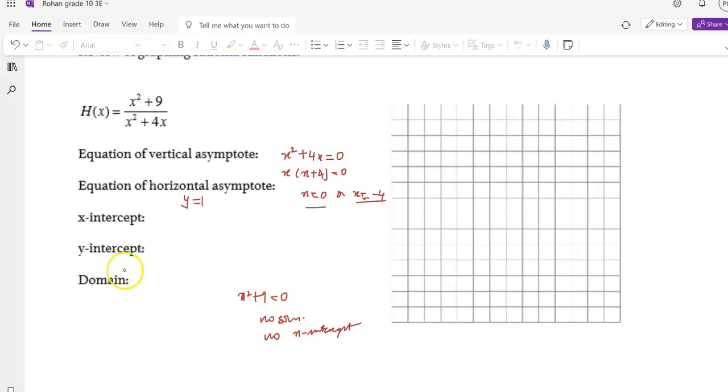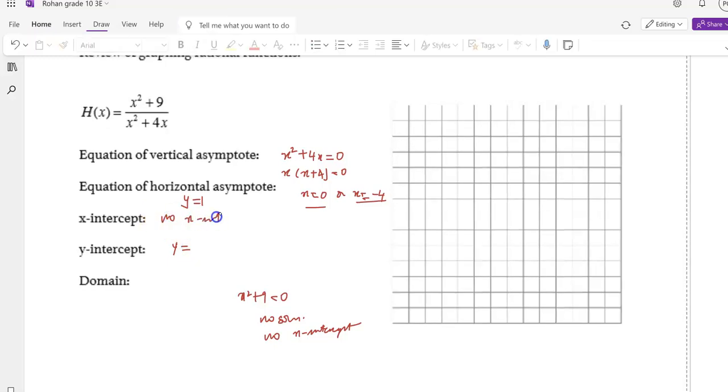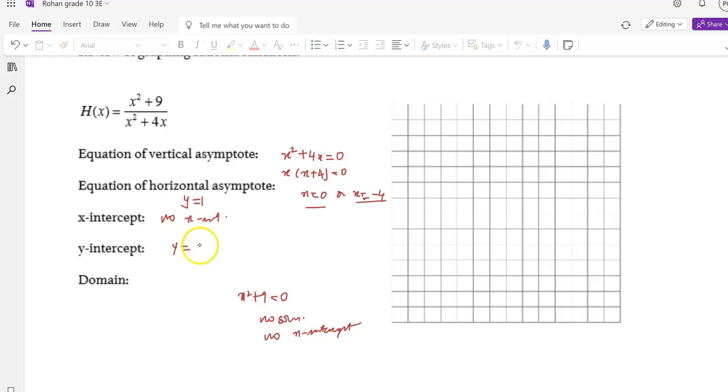How do you find the y intercept? For the y intercept, you put x as 0. So 0 squared plus 9 is 9. So you can't define it. So no y intercept is there. So no x-intercept, no y-intercept. So it has only two asymptotes, at 0 and -4.